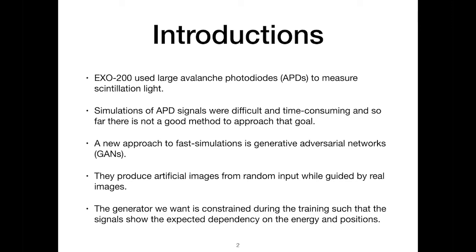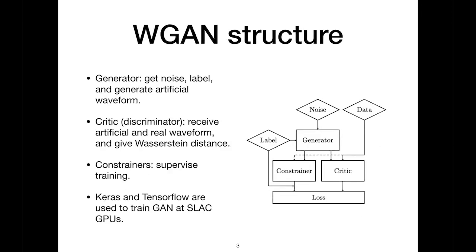In addition to that, we would like it to show some dependencies on the positions and energies of the events, because we don't want it to be completely random. Then we have this structure of the Wasserstein GAN, and we can see it has 3 separate parts.